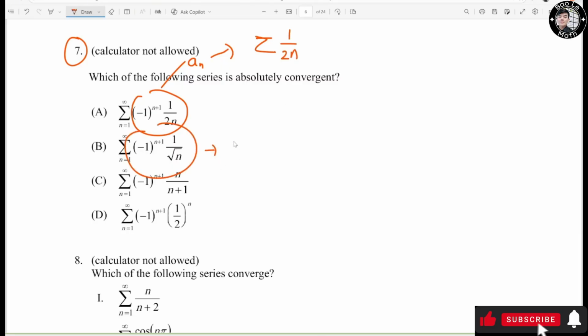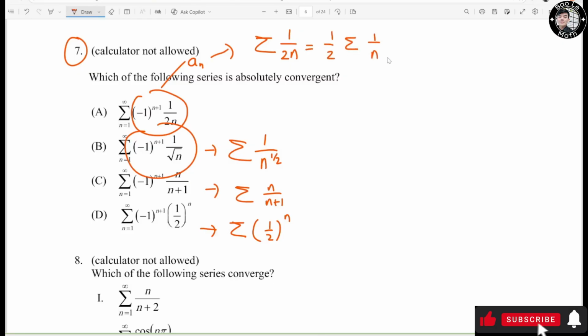Similarly, this guy becomes 1 over n to the 1/2. This guy becomes n over n plus 1, and this guy becomes 1/2 to the n. Now this guy can be written as 1/2 times the series 1 over n. So this guy is actually the p series where p equals 1, which is the harmonic series. So it is divergent.